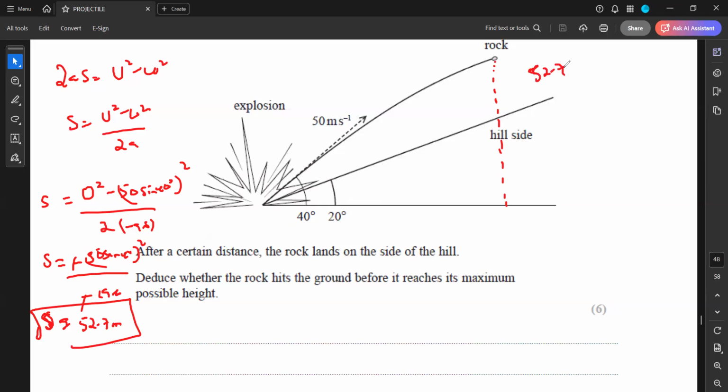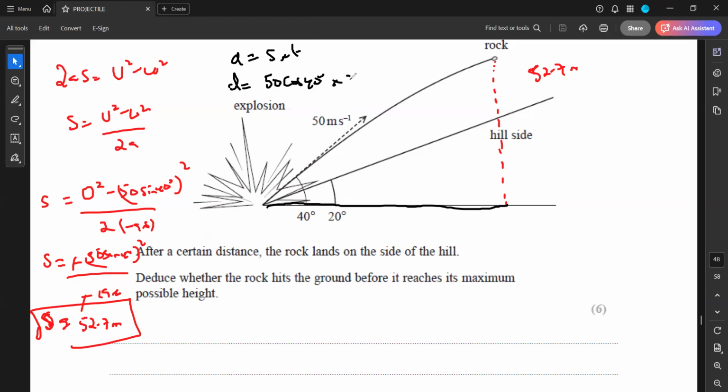That is the first thing. Then how much horizontal distance has the rock covered after 3 seconds? How can we work this out if you know the horizontal component? Distance is speed multiplied by time. The horizontal component is 50 cosine 40 multiplied by time.